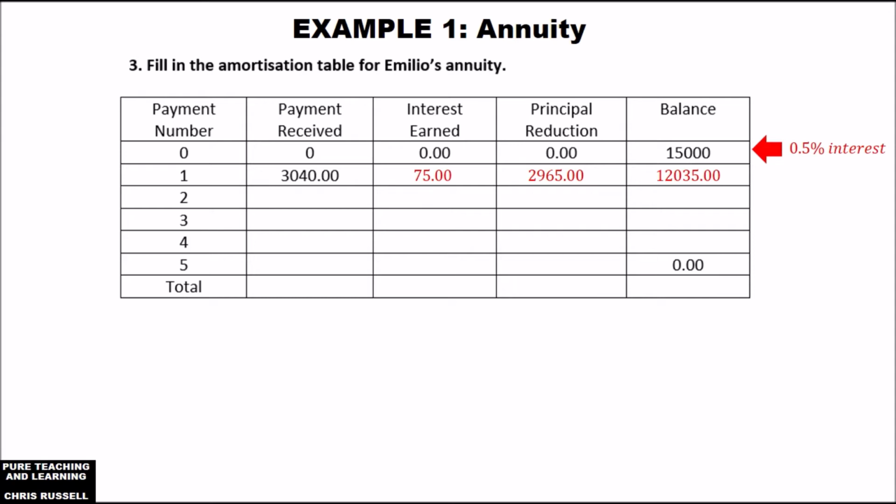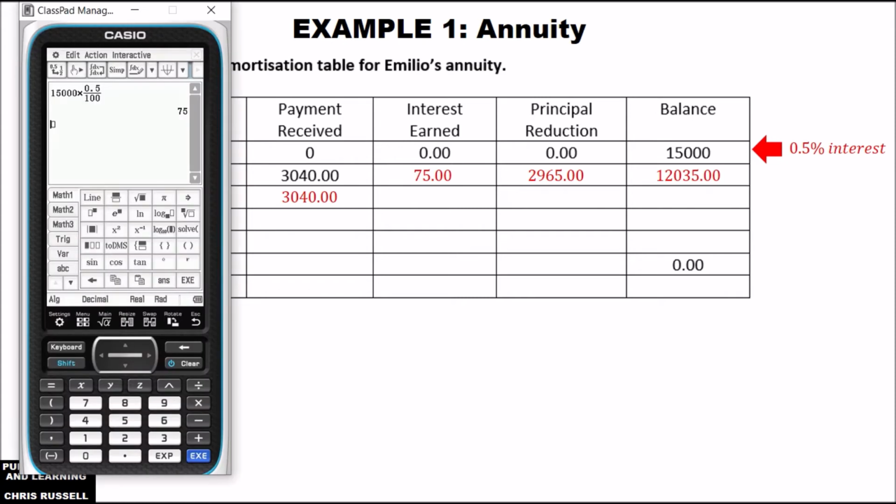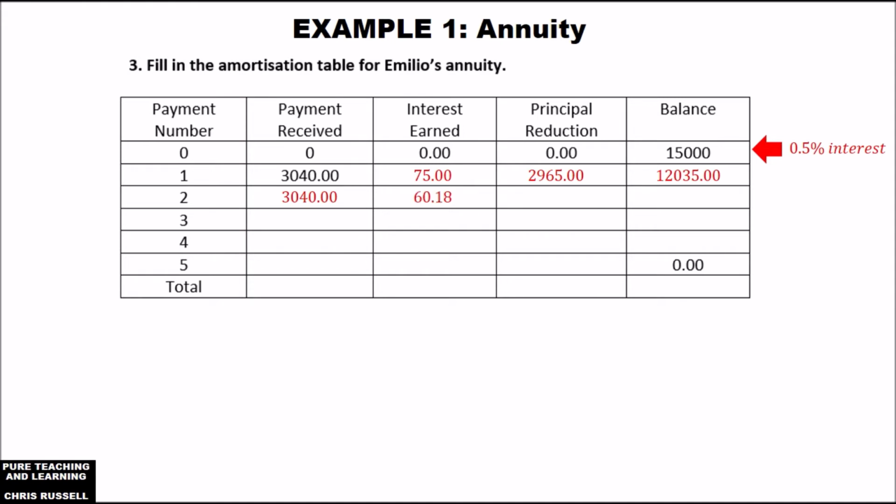So to find the interest earned, we can just change the 15,000 on the ClassPad to the new balance of $12,035. Go execute. We get $60.18 to 2 decimal places, and we just keep going with the process.